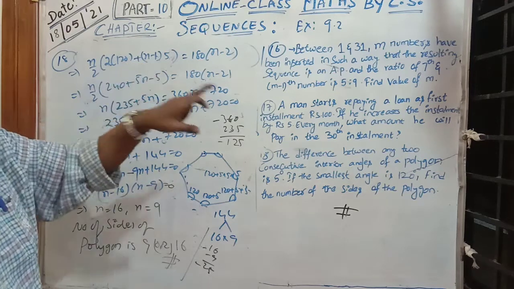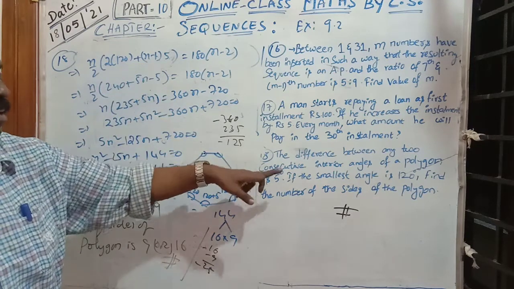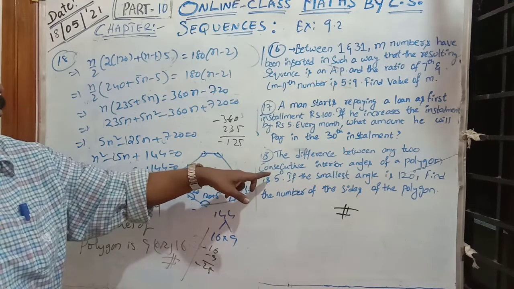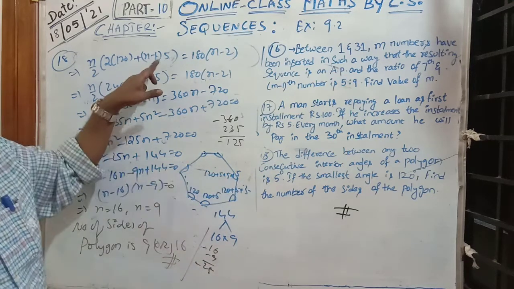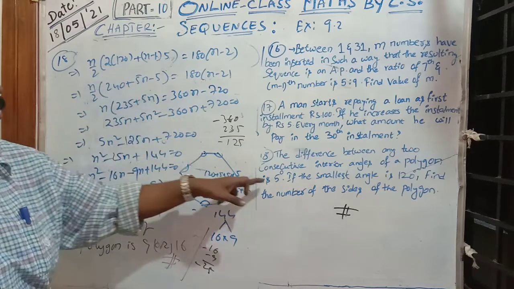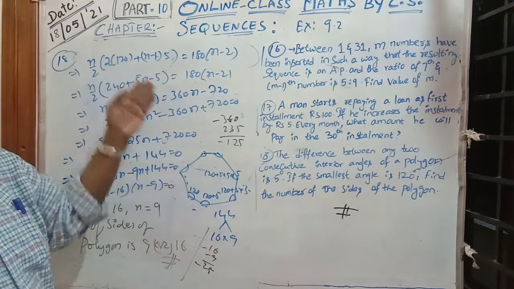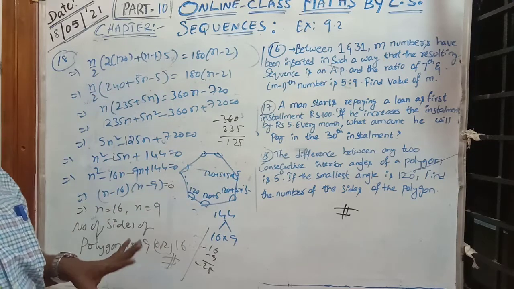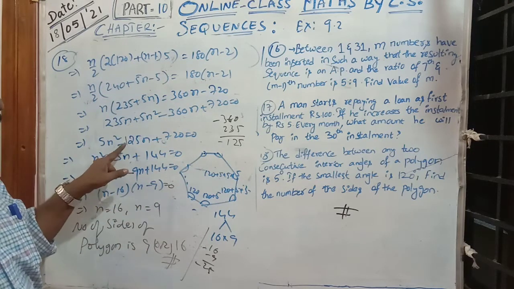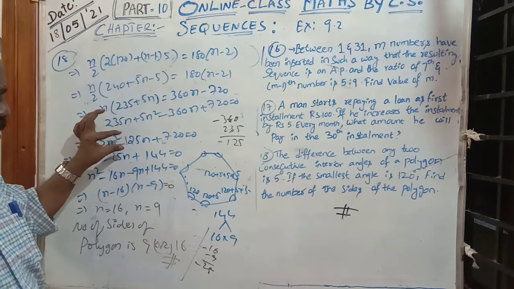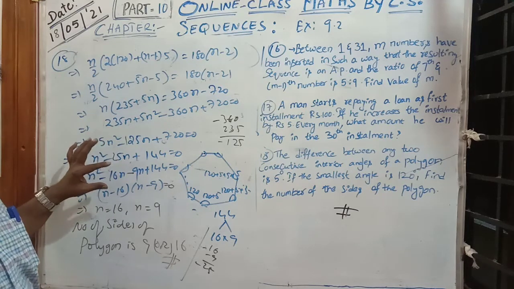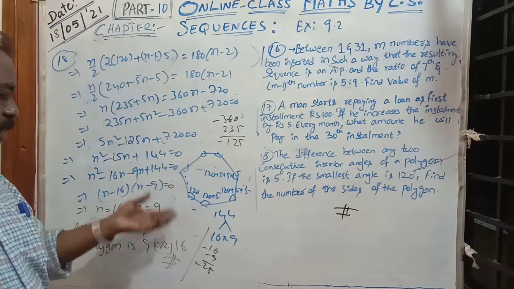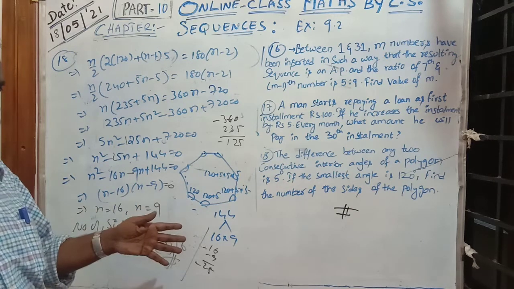D is 5, the common difference between successive interior angles. A is 120, the smallest. Directly we will take this one. Is it clear? Only the arithmetic mistake is there, you correct it. Now the number of sides of the polygon is 9 or 16.